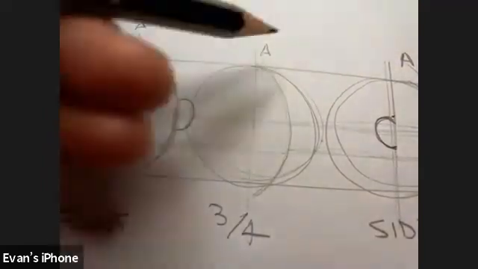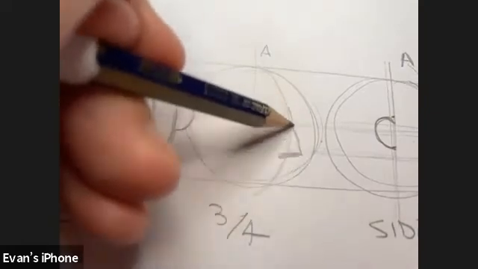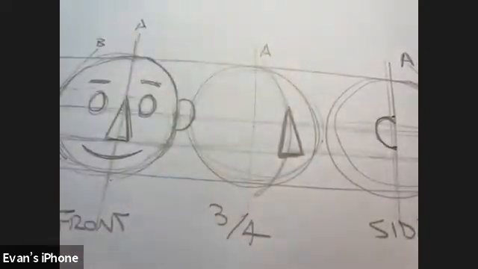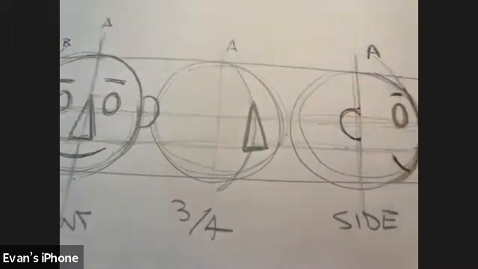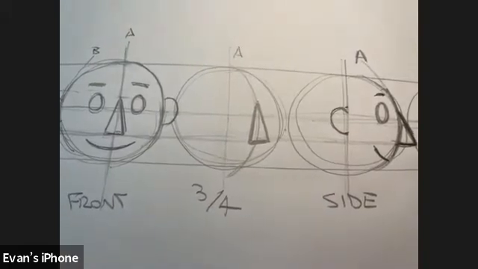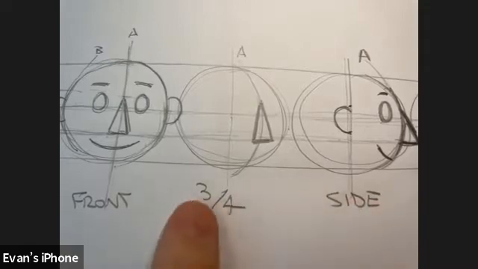So if we want to put the nose in, we've got to draw the nose in like that. See how it's moving around? I'll zoom out a bit. It looks like this person's turning their head to the side from front on, turning the head around.